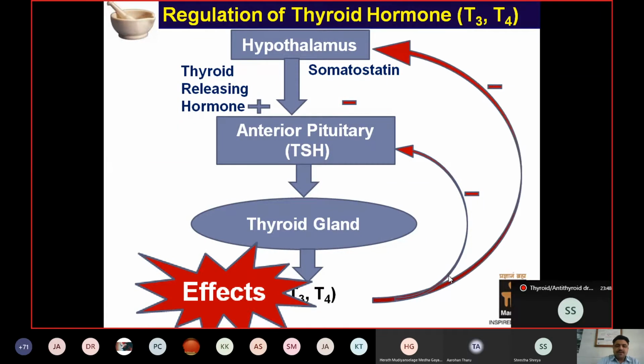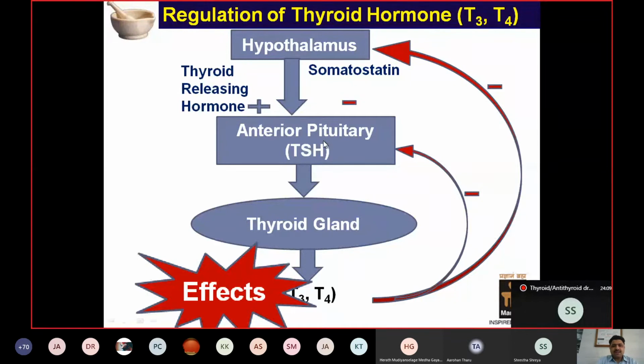Similarly, the thyroid hormone also sends a negative feedback to the hypothalamus so that it will not release TRH. So this is how the thyroid hormone is balanced in our body.